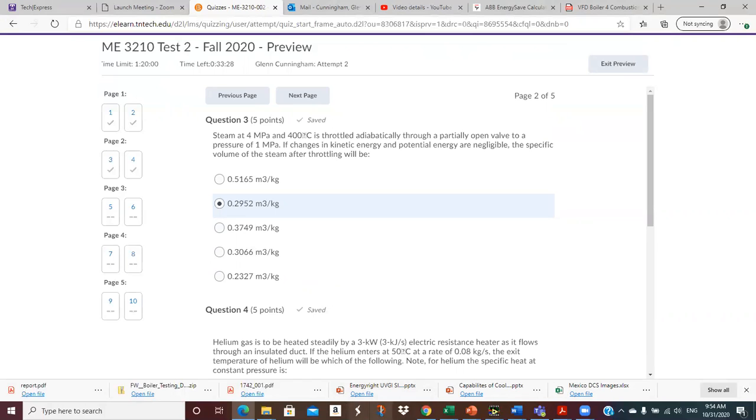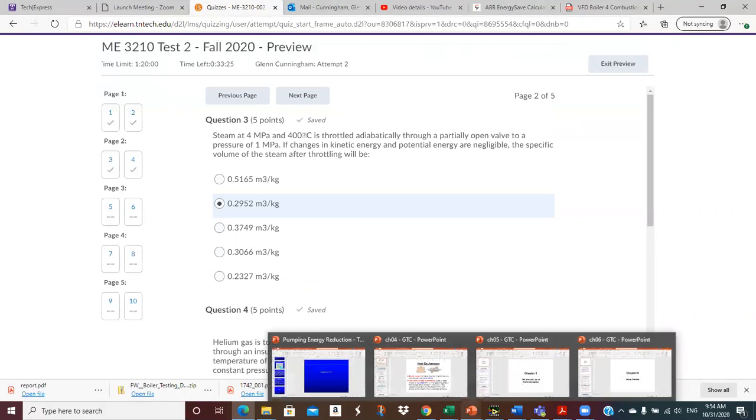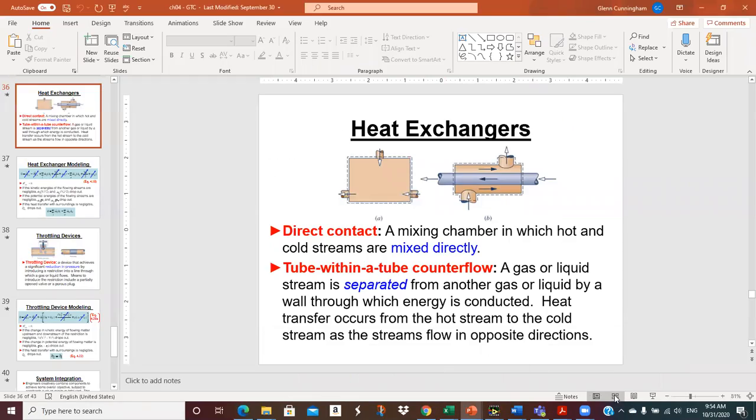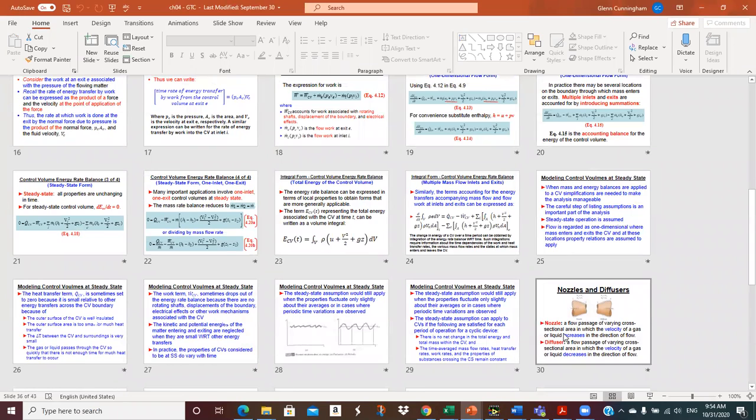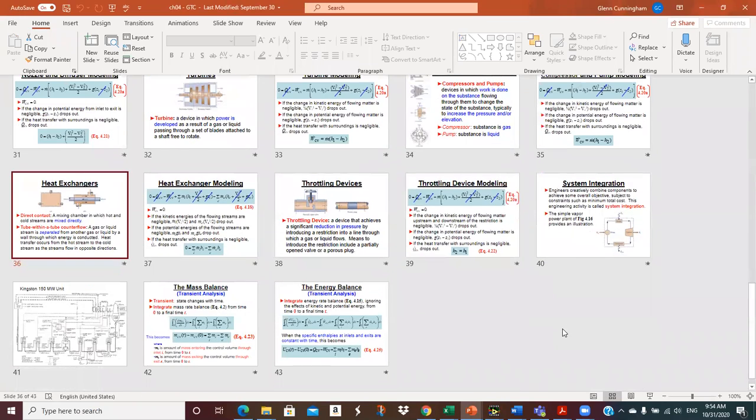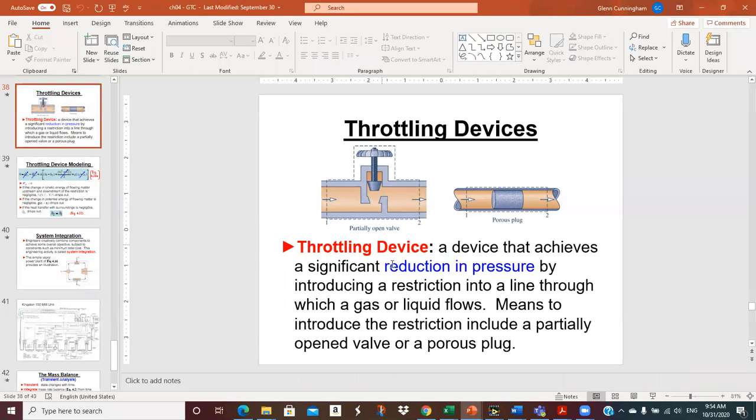This is in chapter 4, so if we look back, here, throttling devices. This is the definition of a throttling device.